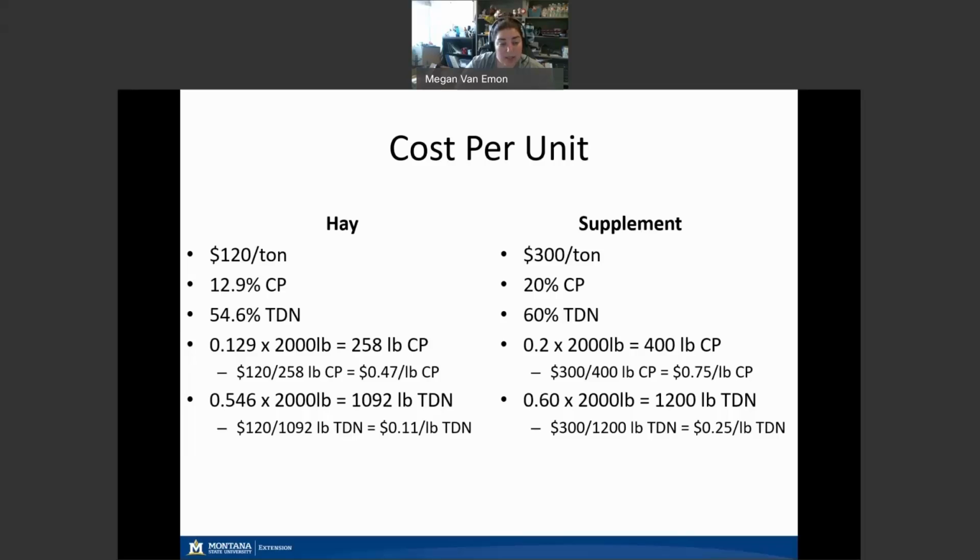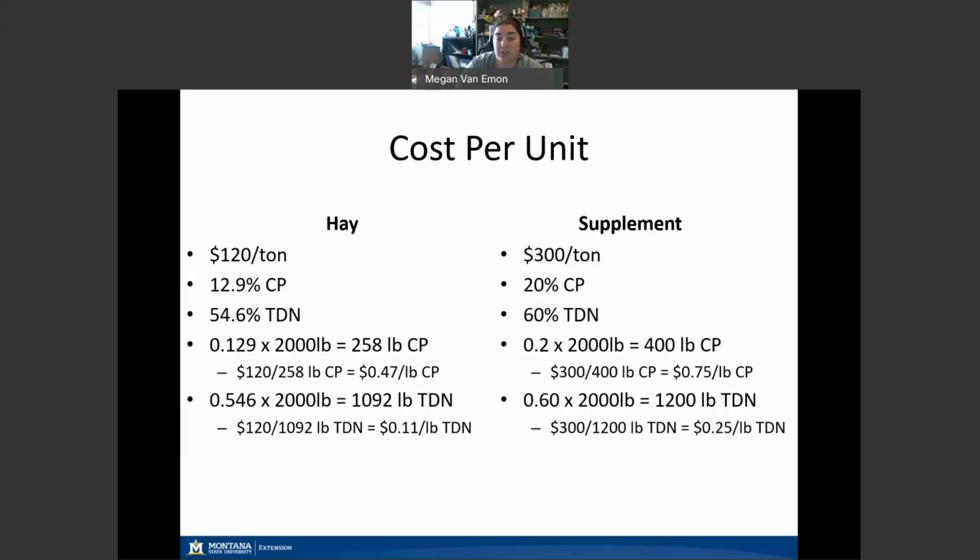To get the price per pound of nutrient, we basically just take the cost we paid per ton and divide it by the pounds per ton of that nutrient, so $120 divided by 258 pounds of protein, which gives us 47 cents per pound of protein for that hay. We do the same with our energy, and we get 11 cents per pound of energy.